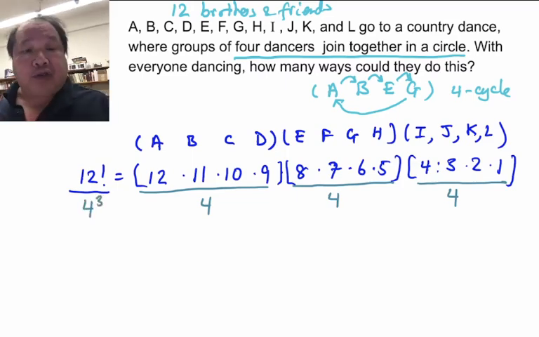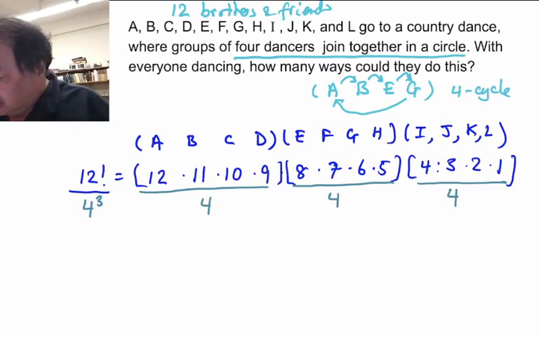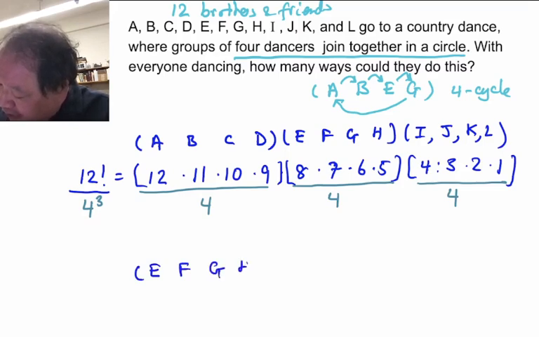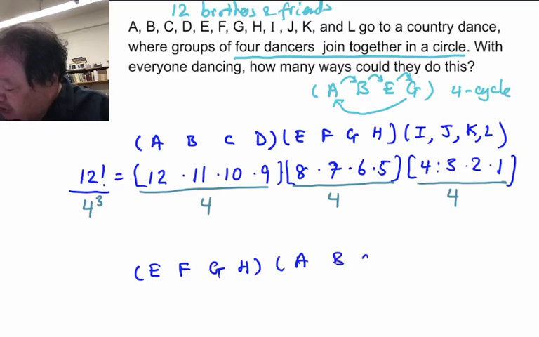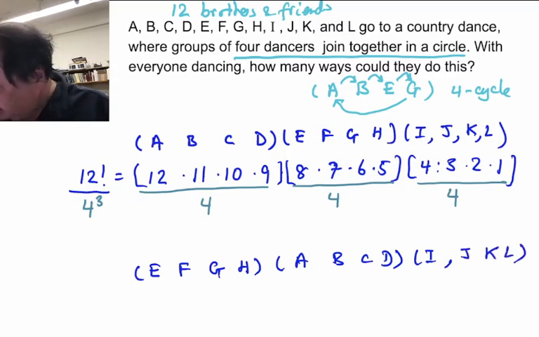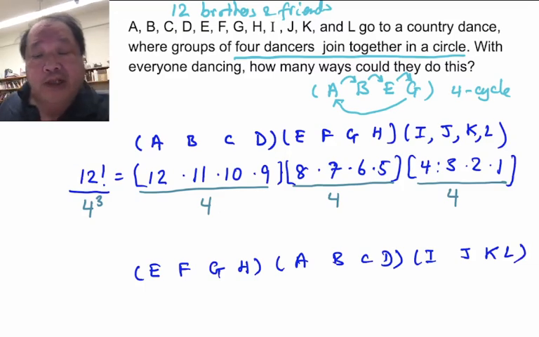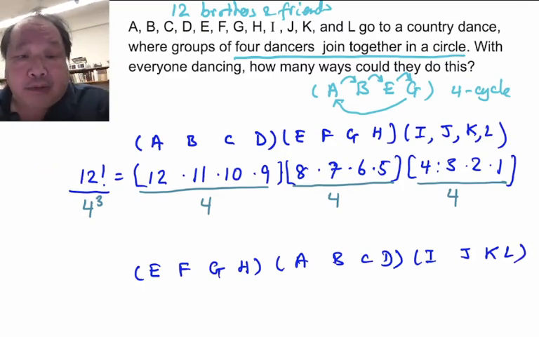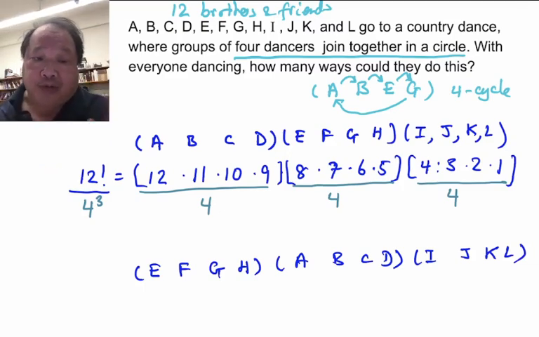Okay, so the second way that we've overcounted is consider this group. That I put E here, F, G, and H. Then I put A, B, C, and D, and I, J, K, and L. So that's a different way of writing the letters, but it's the same 3 groups of teams.